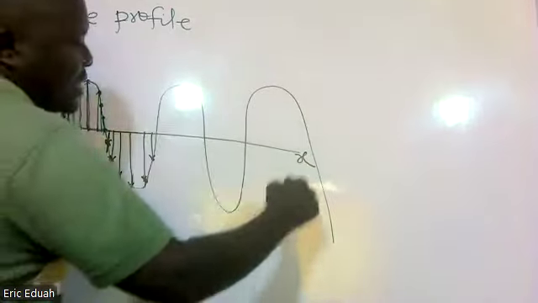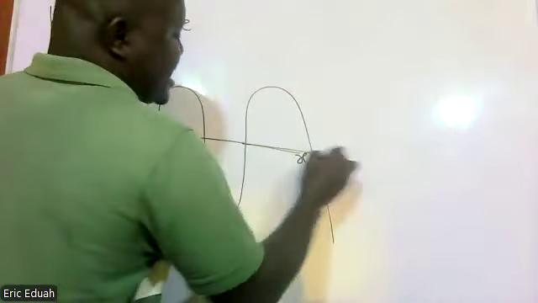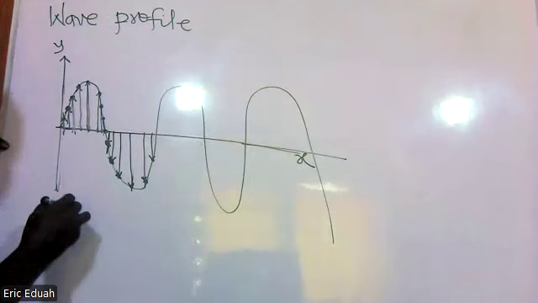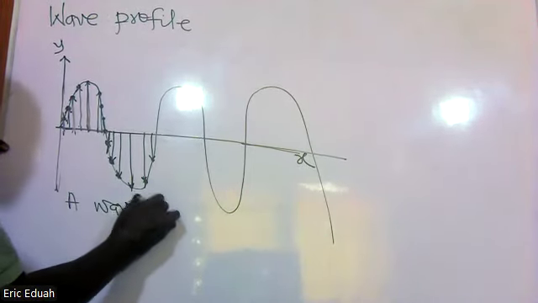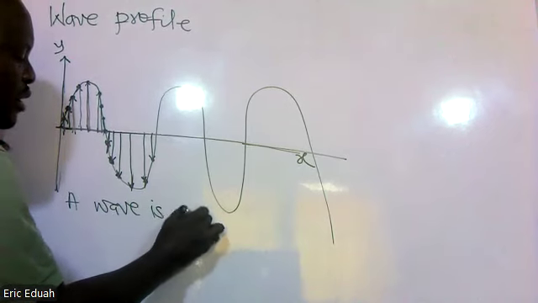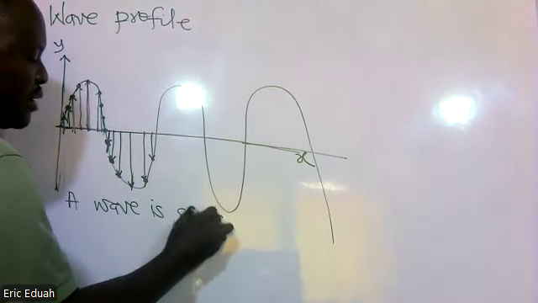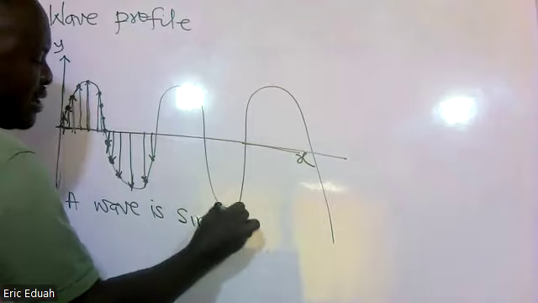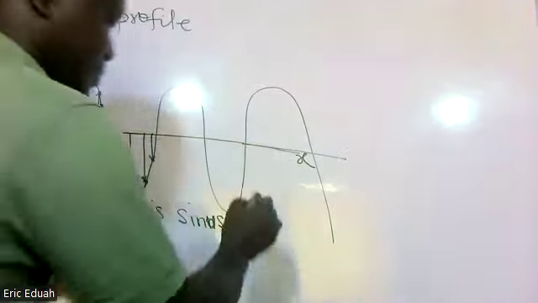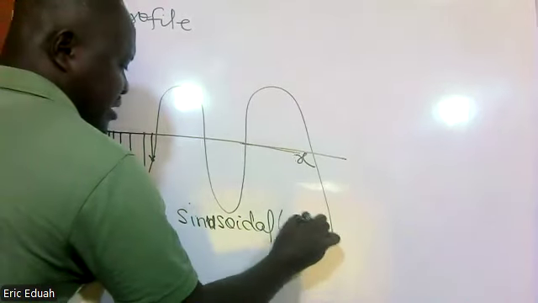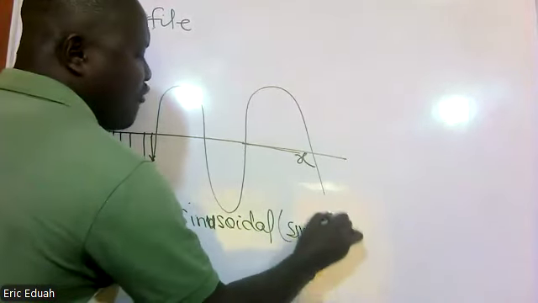This shape is a sine curve, and so we say that a wave is sinusoidal. Sinusoidal meaning a wave has a sine shape or function.